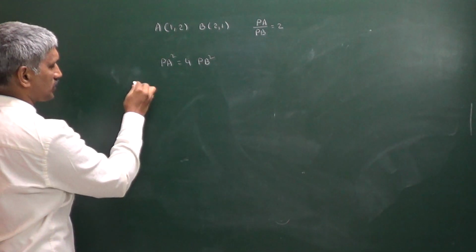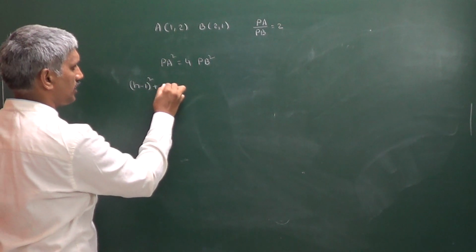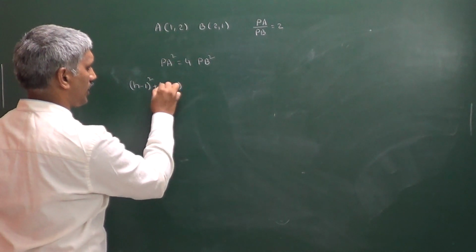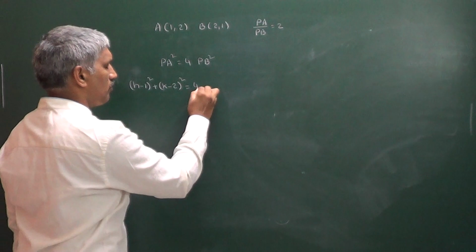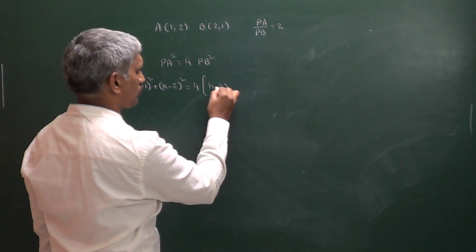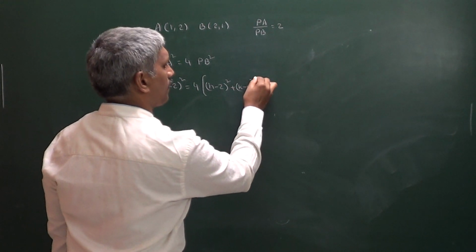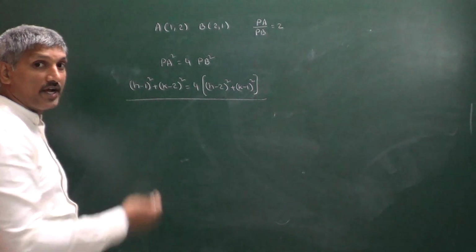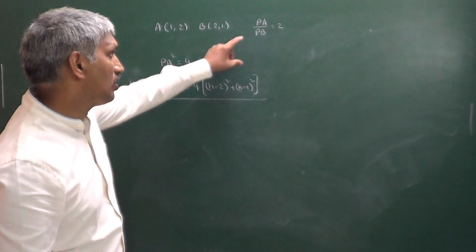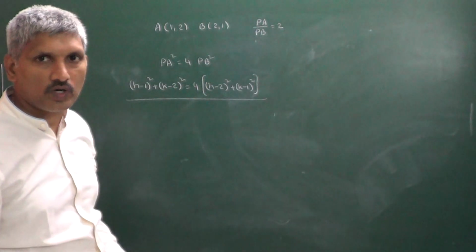Now what is PA square? (h minus 1) whole square plus (k minus 2) whole square is equal to 4 into, what about PB square? (h minus 2) whole square plus (k minus 1) whole square. Now simplify, you will get the locus equation, the set of all points satisfying this condition. So we got this one, right?